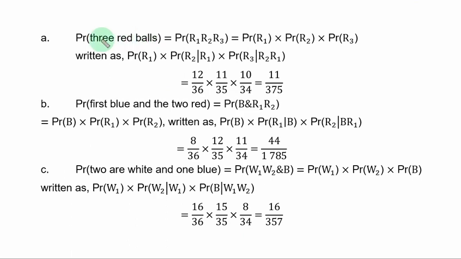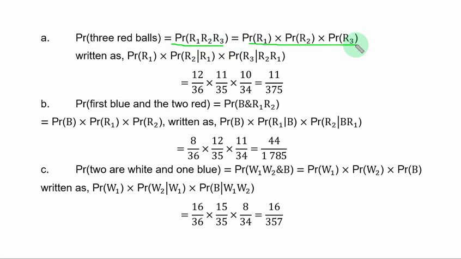A part of the question, 3 balls are drawn, their probability. That is probability A1 times A2 times A3. You have it in this form.